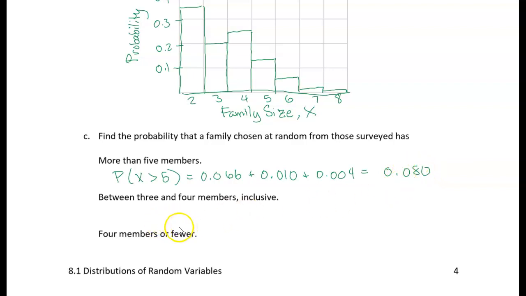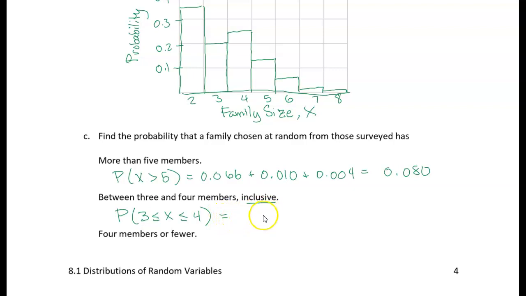All right. What's the probability that a family chosen at random has between 3 and 4 members inclusive? So we're including 3 and 4. We want the probability that our random variable is between 3 and 4, so basically 3 or 4.